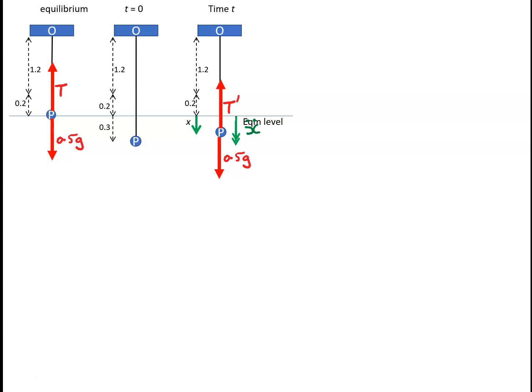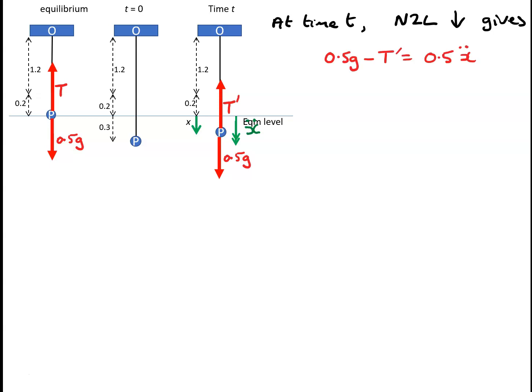So I can now apply Newton's second law in the direction of the acceleration, so I'm going to apply Newton's second law downwards. We obtain 0.5 g minus T dash is the mass 0.5 times x double dot. 0.5 g is 4.9.